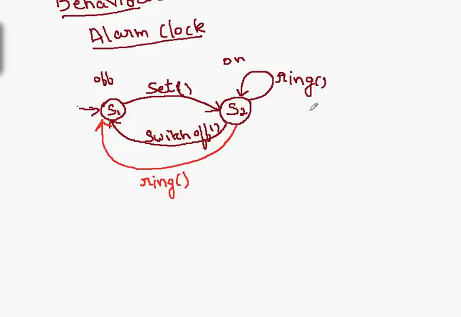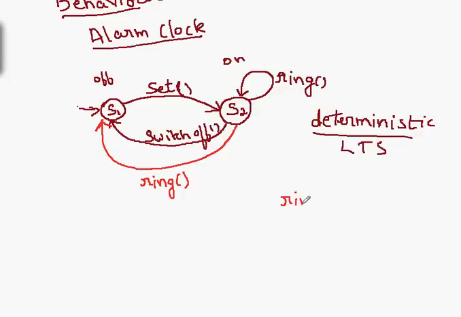The diagram before was a deterministic labeled transition system, because you can see that from state S2 there was only one action that could lead to a transition, but through this red line I have a single action that can lead to two different transitions, that is ring from S2 will take me to S2, and ring I may also go to S1.